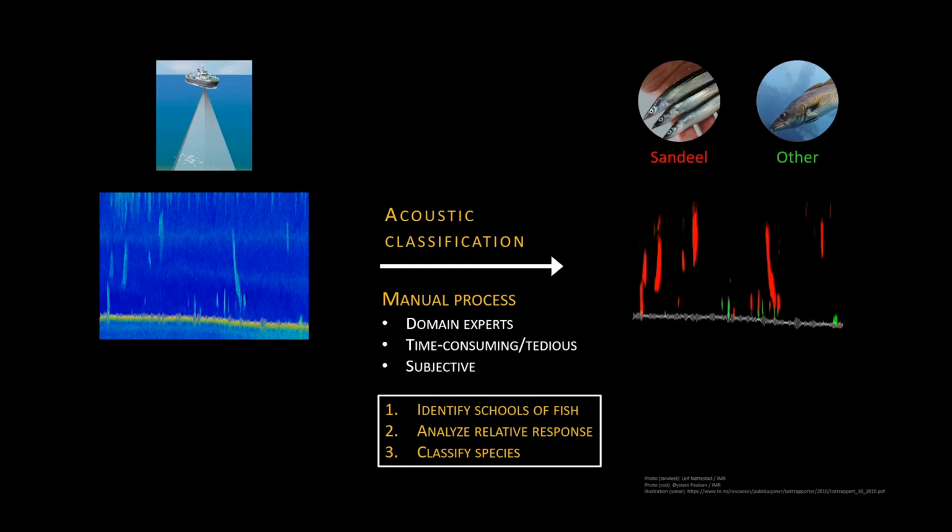The main steps, a bit simplified, are to first identify each school and then analyze the relative response. That is to look at the reflected energy for each of the 4 frequency channels, which can then be used to classify the species.